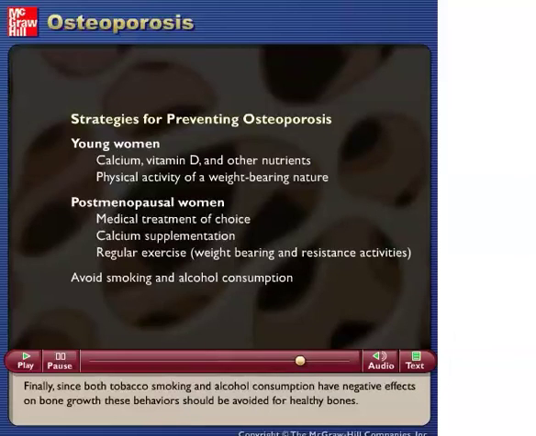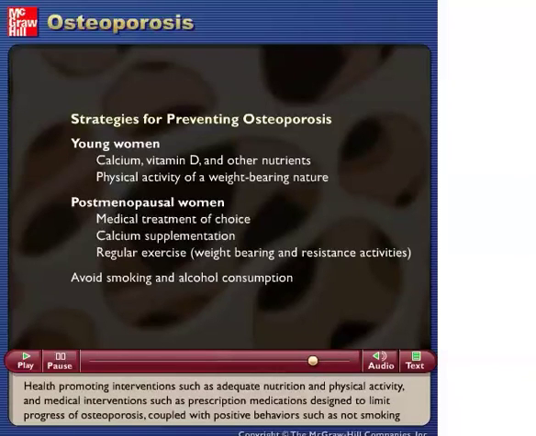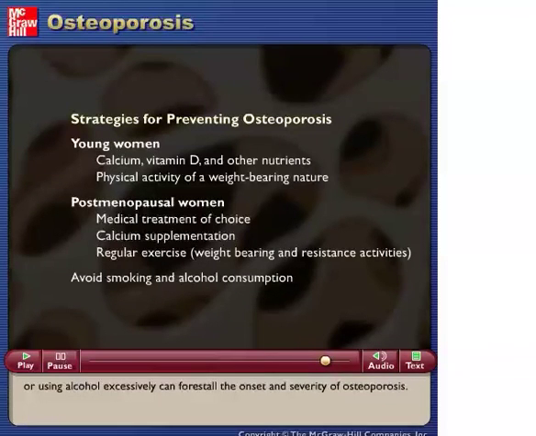In summary, osteoporosis, the weakening of bones due to loss of calcium and phosphorus from the interior of the bone architecture, is a degenerative disease that is influenced by many contributing factors. Health-promoting interventions such as adequate nutrition and physical activity, and medical interventions such as prescription medications designed to limit progress of osteoporosis, coupled with positive behaviors such as not smoking or using alcohol excessively, can forestall the onset and severity of osteoporosis.